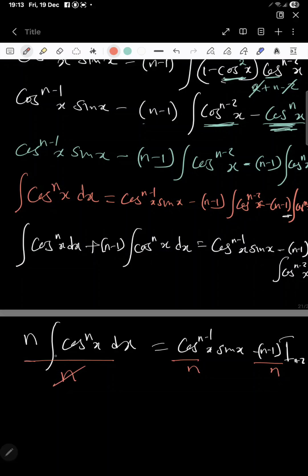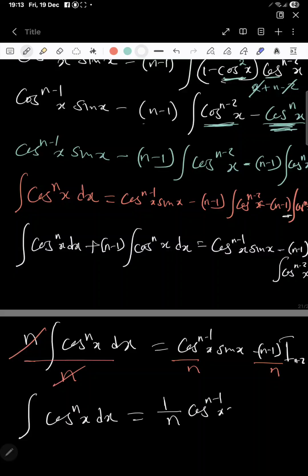This and that will go, and we end up having our final answer, which is the integral of cos to the power n x dx is equal to 1 over n cos to the power n minus 1 x sine x minus n minus 1 over n times the integration of cos to the power n minus 2.